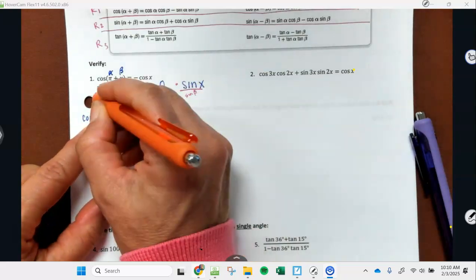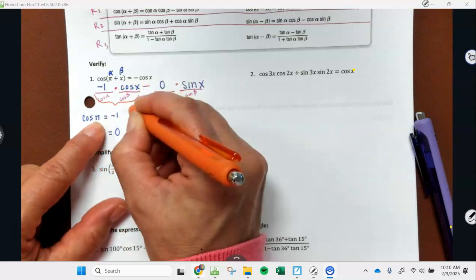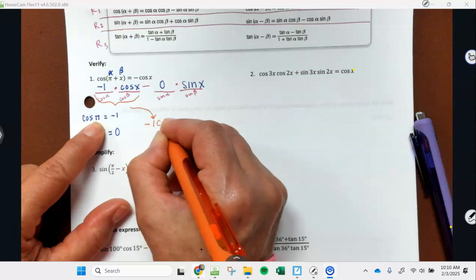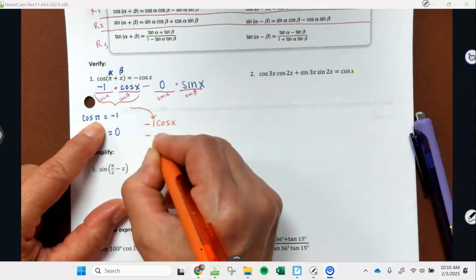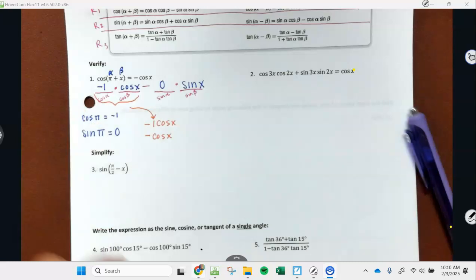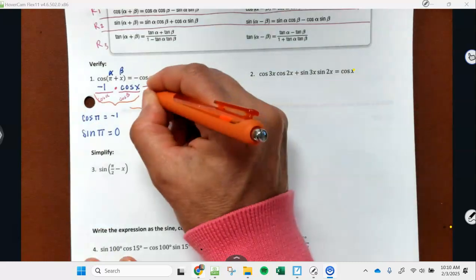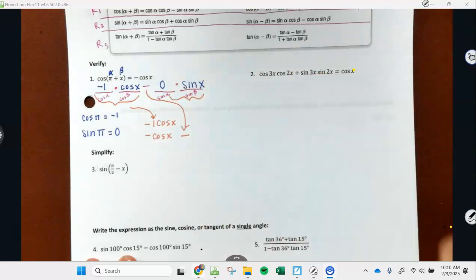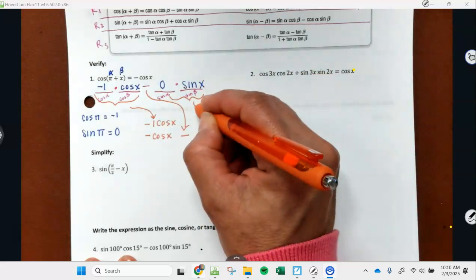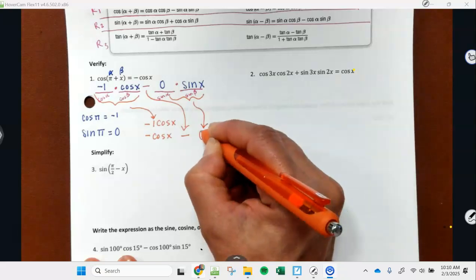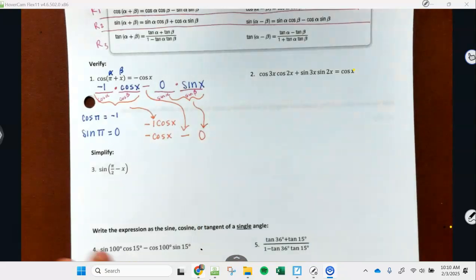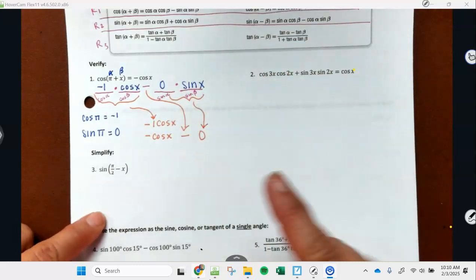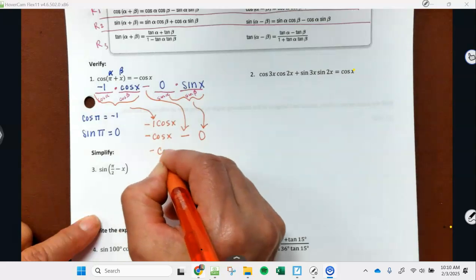So when we multiply these two right here, negative 1 times cosine x is just negative cosine x. I'm going to recopy the minus sign, and then 0 times sine. 0 times anything is 0. All right, so negative cosine x minus 0 is negative cosine x.